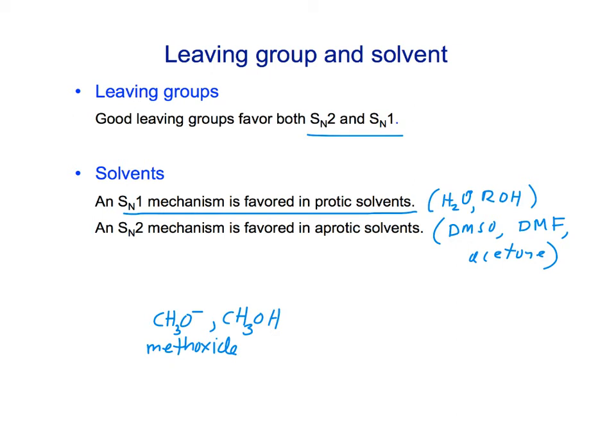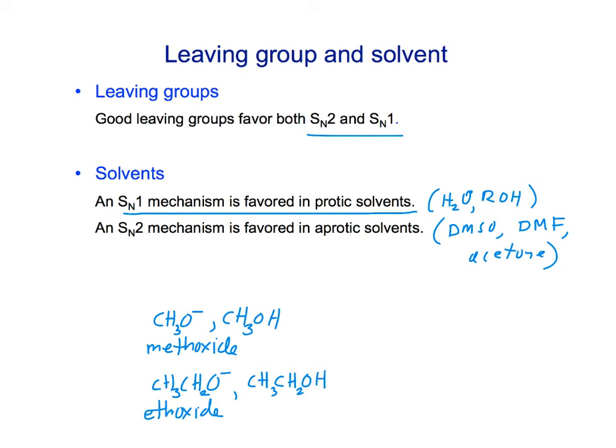So notice that we have this pair of methoxide and methanol. If we were to use this species as a nucleophile, so this is 2 carbons, so ethoxide, we would use ethanol as the solvent. So the alkyl groups typically match in these cases.